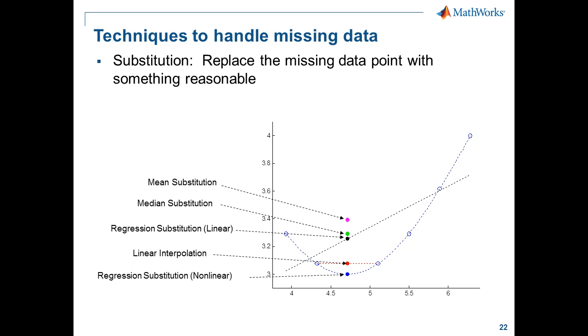So you can see that there's quite a bit of variance between all these different means of substitution. So the ability to try out all these different means, see what the results are, and decide which one is most appropriate, and be able to do that quickly and interactively is really what MATLAB brings to the table for these types of substitution problems.